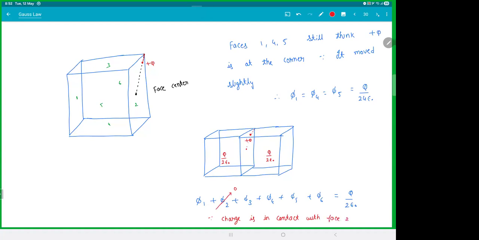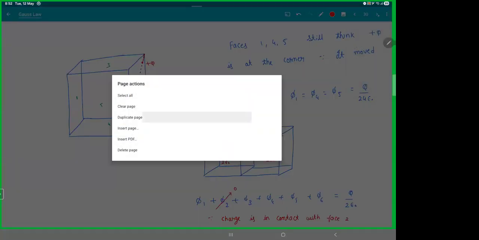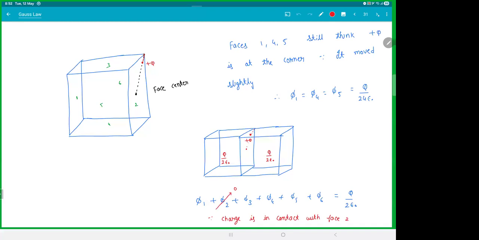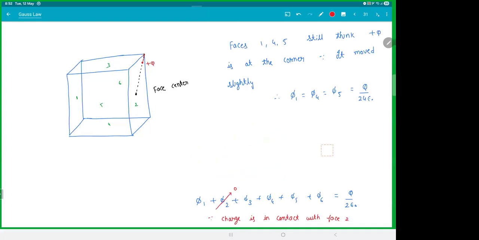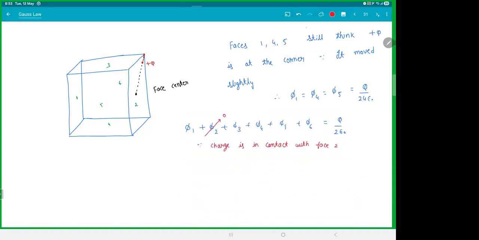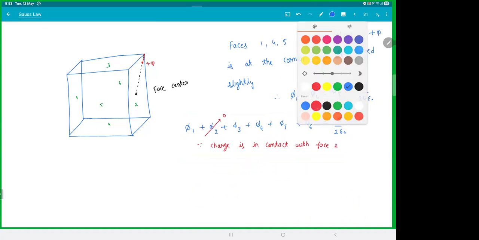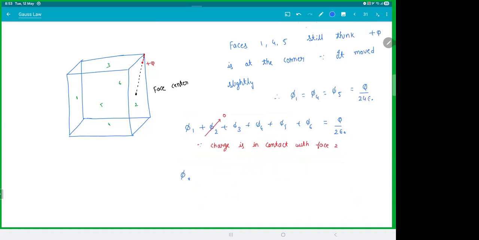Perfect. And we can also say for this charge, if you ask it, what do you think about 3 and 6? 3 and 6 are symmetrical. So if you look at this argument here, flux through 3 and flux through 6 is same.